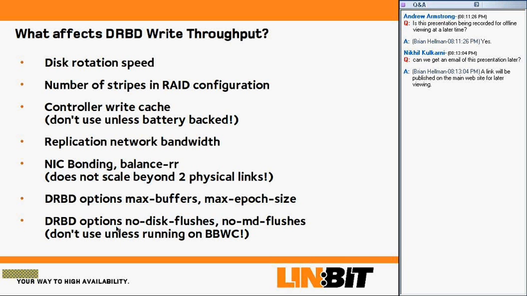So if you've got 2 physical links for your replication network, you can expect about 160 to 170% of the actual gigabit Ethernet bandwidth, so about a 60 to 70% increase.